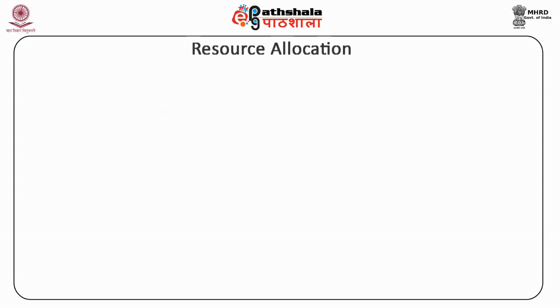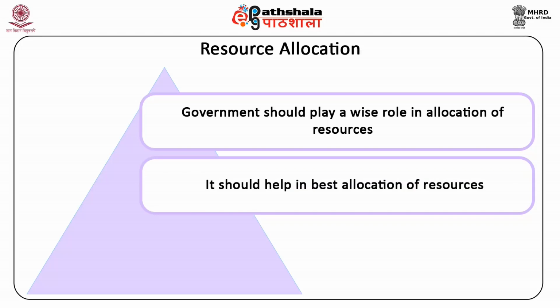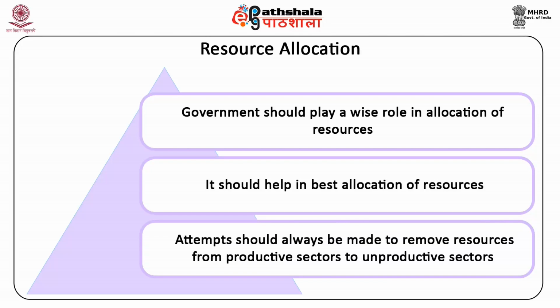Fourth, resource allocation. Government should play a wise role in the allocation of resources. It should help in the best allocation of resources. Attempts should always be made to move resources from unproductive sectors to productive sectors.